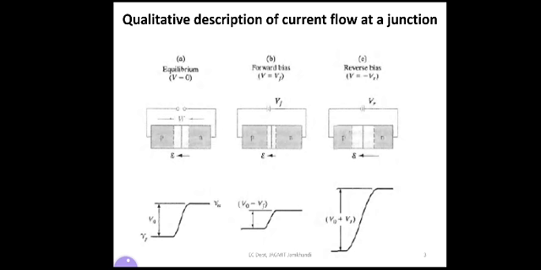So for almost all the calculations, it is valid to assume that an applied voltage appears entirely across the transition region. We shall take voltage V to be positive when the external bias is positive on the P side with respect to the N side.